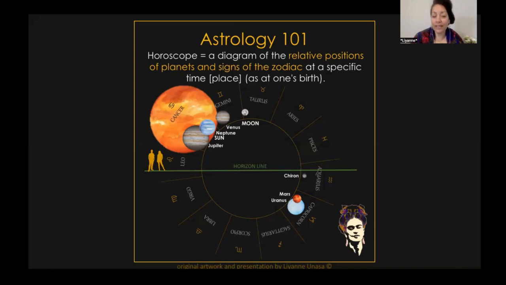So this is a selection of the planets in Frida's chart, based on the fact that they were in conversation with her sun at her time of birth. This was what was in the sky, visible above the horizon line and not visible below the horizon line, at Frida's time and place of birth.